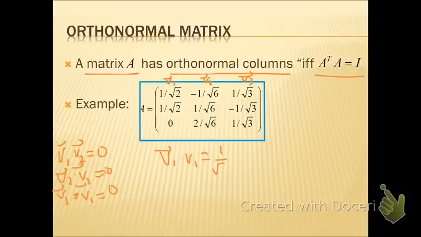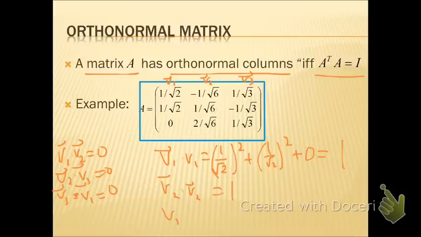We'll have 1 over the square root of 2 squared plus 1 over the square root of 2 squared plus 0. So we would get 1/2 plus 1/2 plus 0. So indeed, this equals 1. Likewise, V2 dot V2 would equal 1, and V3 dot V3 would equal 1.